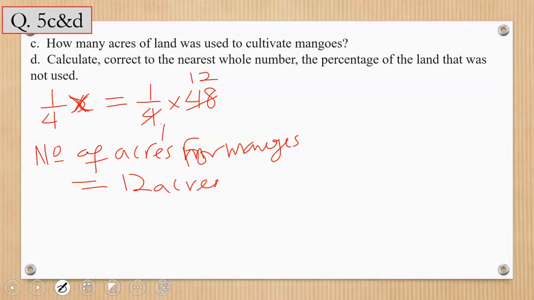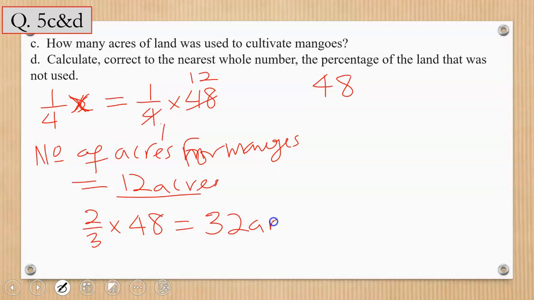Good. Now the next question says calculate to the nearest whole number the percentage of the land that was not used. For now we know that the whole land is 48. 12 acres was used for mangoes. Now let's find the number of acres used for oranges, which is 2/3 of the total acres. 3 divides 48 as 16, and 16 times 2 gives us 32, so 32 acres here.